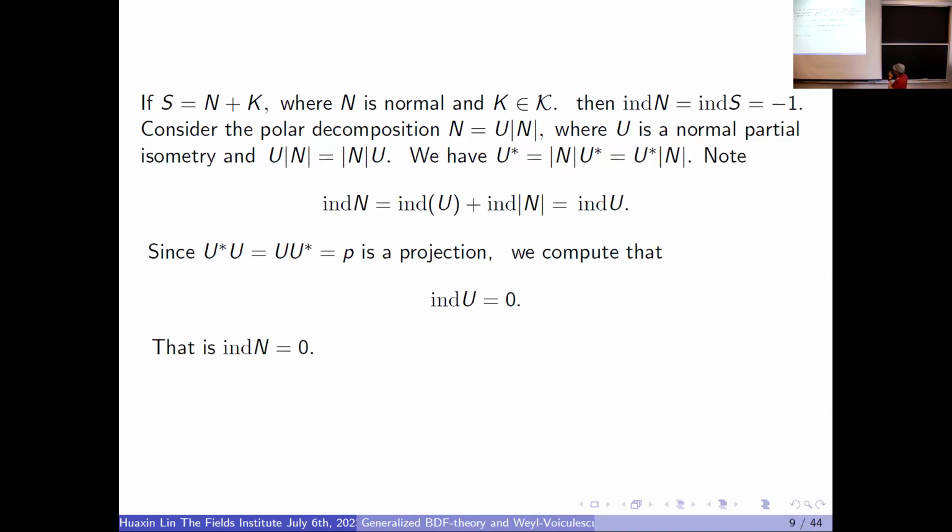That gives you a contradiction. So the index of N would be 0. But you have to check that it has an index. It's not very hard.